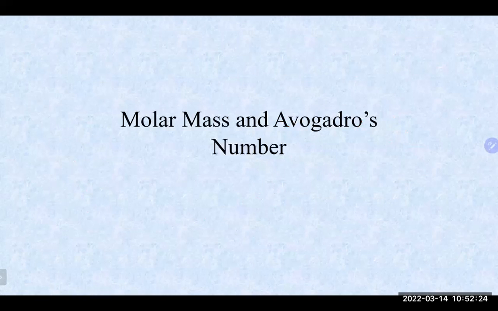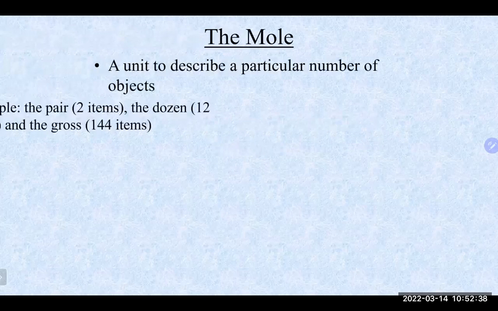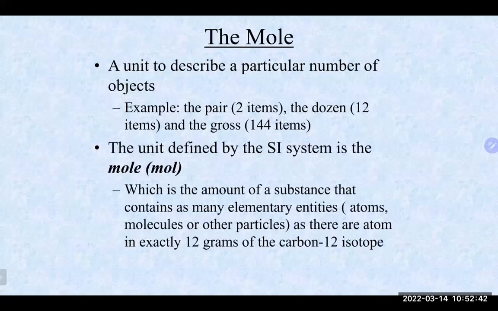All right, so let's talk about a more useful way of using that atomic mass number off the periodic table, and that is what's known as molar mass and Avogadro's number. We'll start with the mole. The mole, which is not the furry guy, is a name we use in chemistry to represent a certain amount of something.